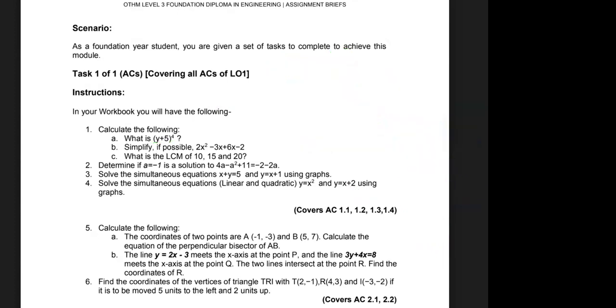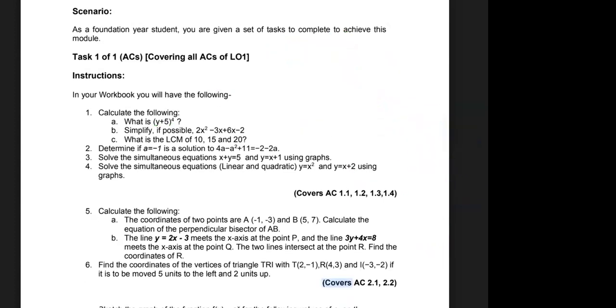The second one is this. Simplify, if possible, this. The first one doesn't make any sense to me. This is just an assignment discussion. If I start from the beginning, it's going to be a longer video than this.